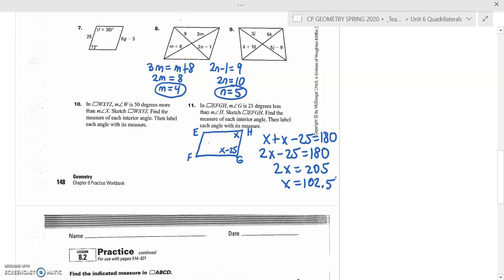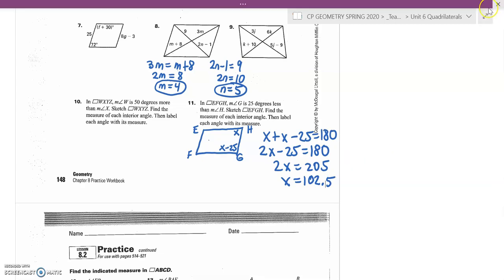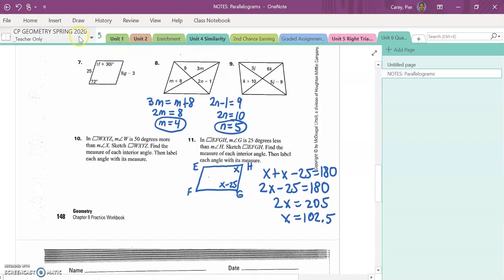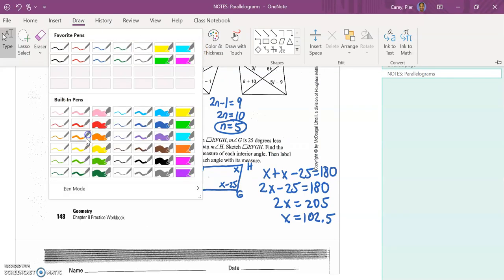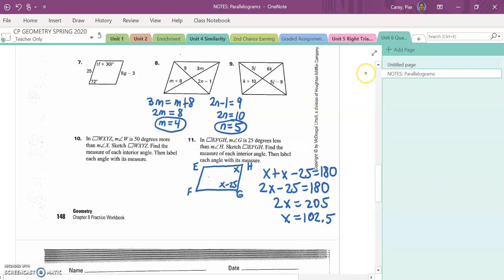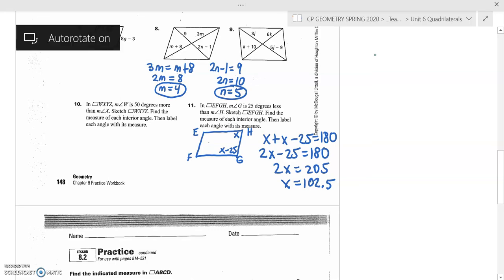All right, so I'm going to go ahead and answer the question. It says label each angle with its measure. I'll grab another color here, something that will stand out a little bit. So I'll grab dark green. And let's see. So we know that x is 102.5. I'm going to kind of be squeezing here. I don't have a lot of space.